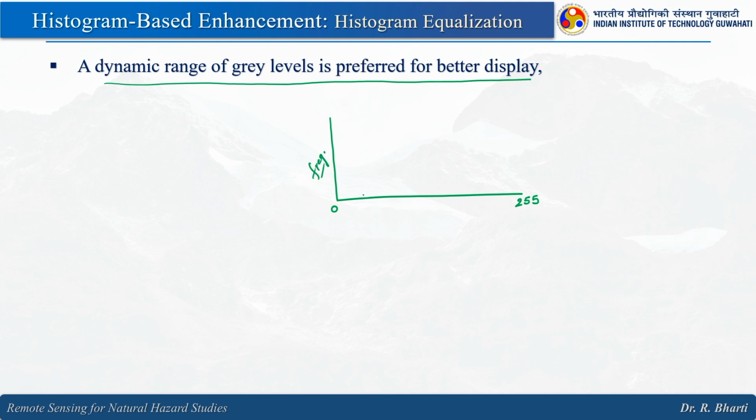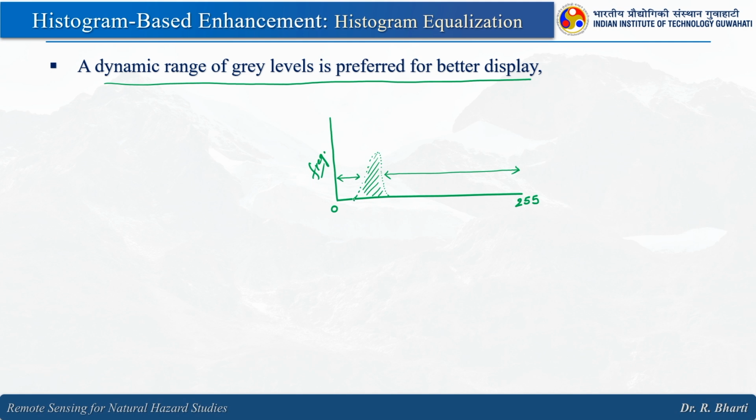Let us say one case of the histogram is this, right. So, what is happening here? All the values of my image are concentrated in this particular region. So, this other region is not used by my data or the display system, right.